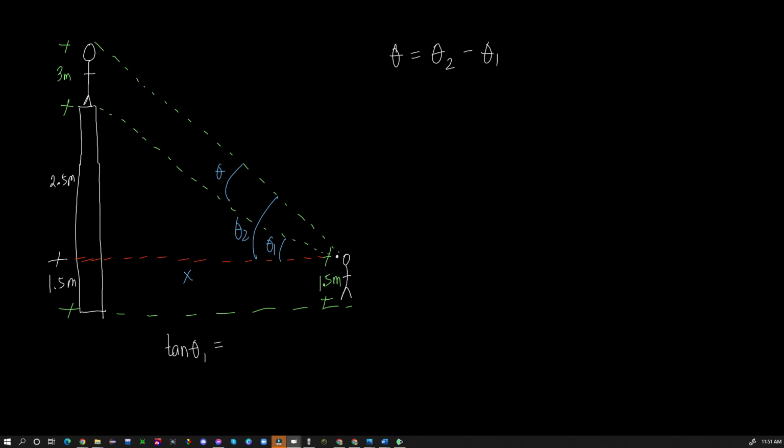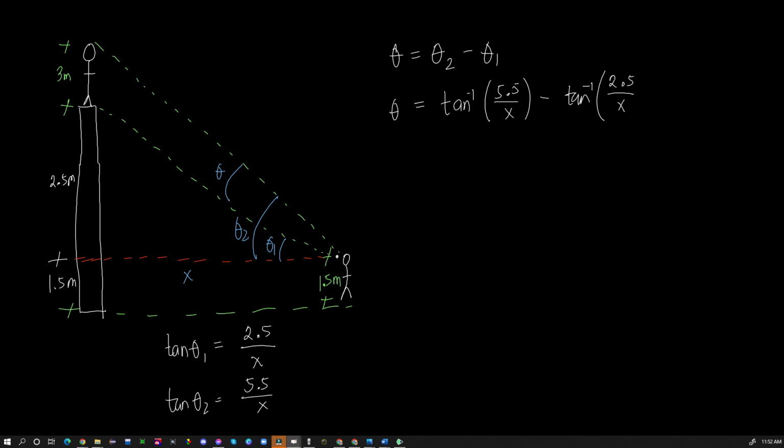Tangent theta 1 is equal to opposite 2.5 over x. And we have tangent theta 2 is equal to 2.5 plus 3, that is 5.5 over x. So we have theta is equal to arctangent of 5.5 over x minus arctangent of 2.5 over x.